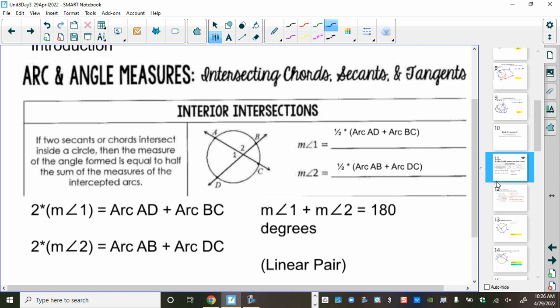I think the next slide is probably an even simpler way to say it. But basically, you're going to take the average of your two arcs, and angle 1 and angle 2 add up to 180.